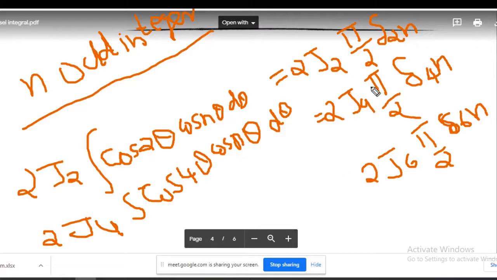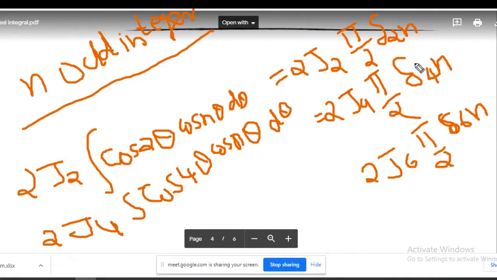So what will be the value of these integrals? What will be this value? Yes, this will be 0 because all these terms will be 0.